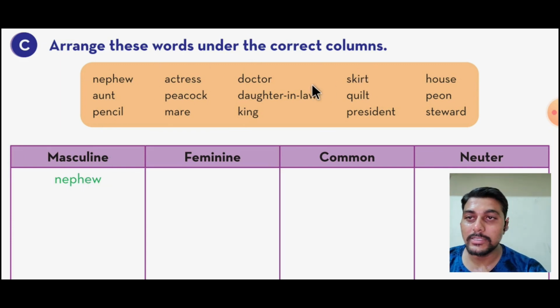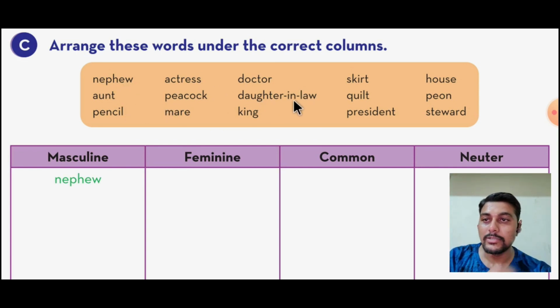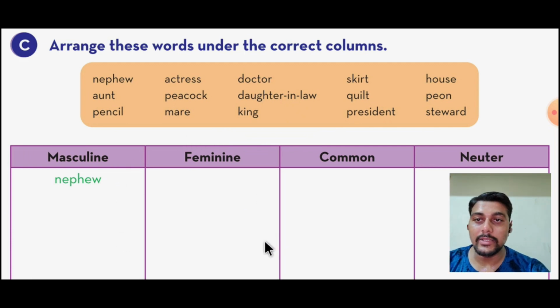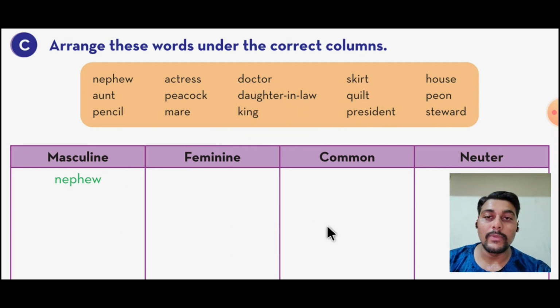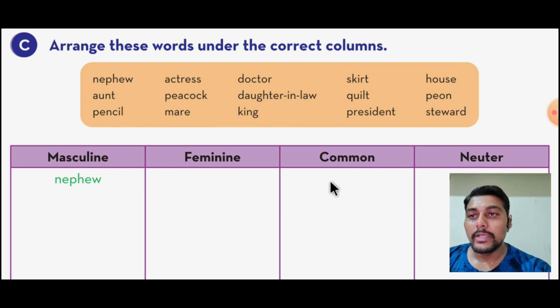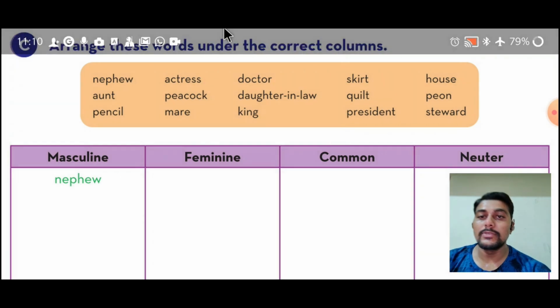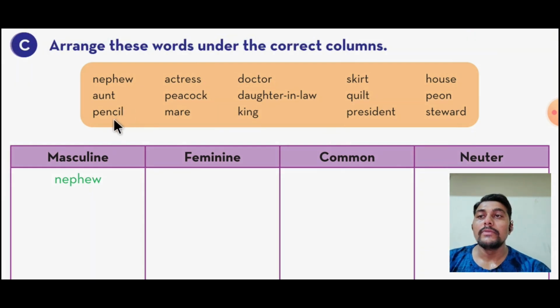You can see all these words. Once you get the answers for any one category, the other answers will be very easy. So just see all these nouns, and we have to categorize them into these 4 different kinds of genders.